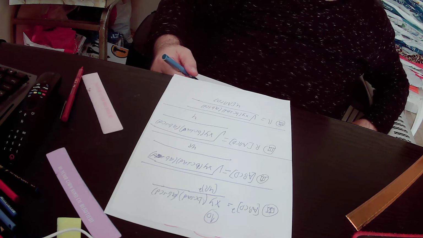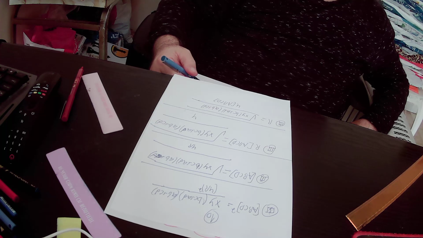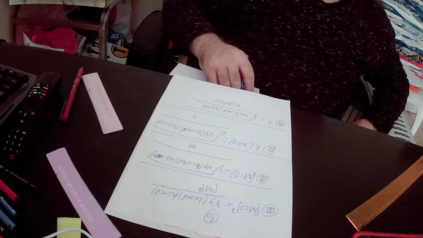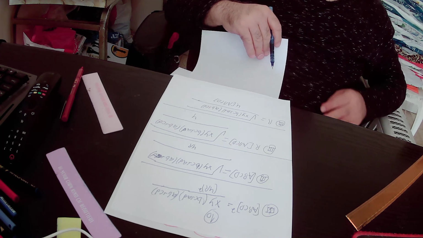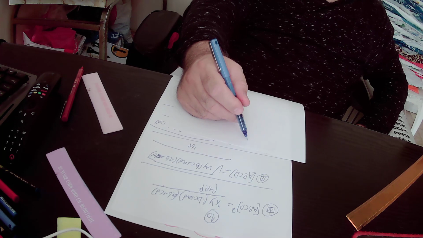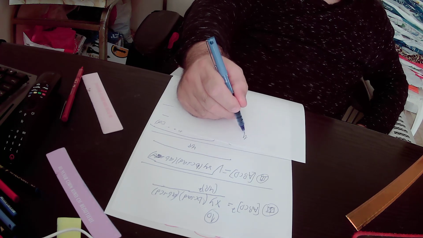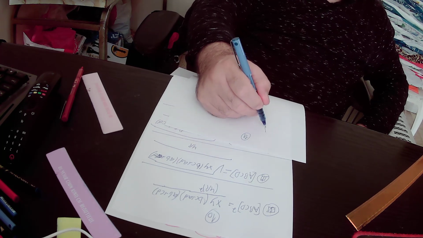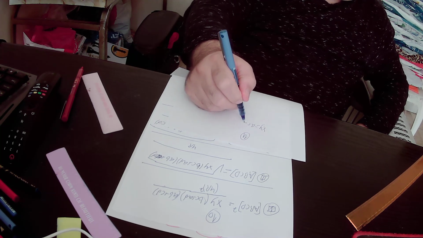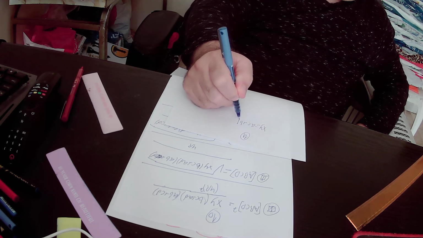So here we have x times y, but we know that according to rule number 2, x times y equals AC plus BD.